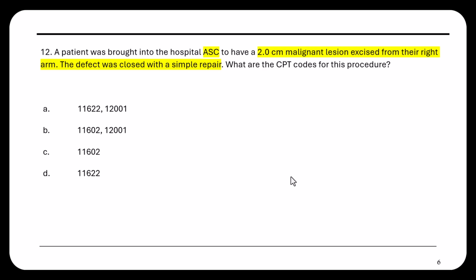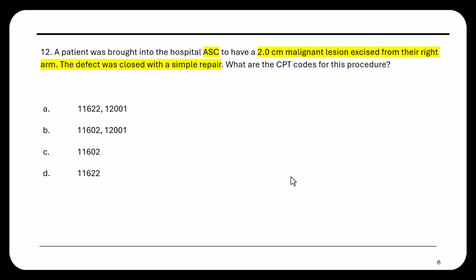A patient was brought into the hospital ASC, ambulatory surgery, to have a 2 centimeter malignant lesion excised from their right arm. The defect was closed with a simple repair. What are the CPT codes for this procedure? Okay, you have a couple of different scenarios. We have 11602 and 11622.